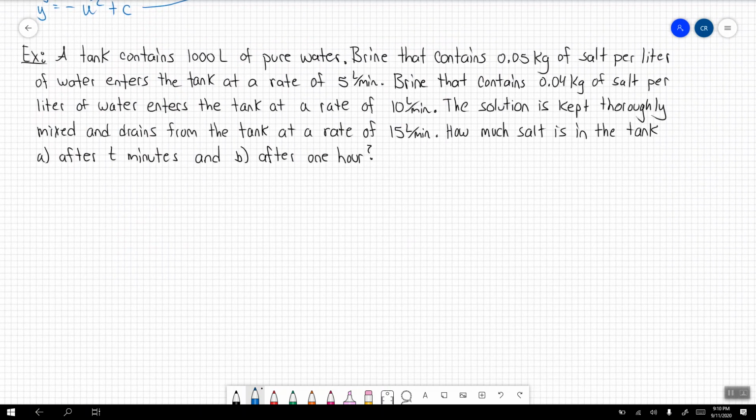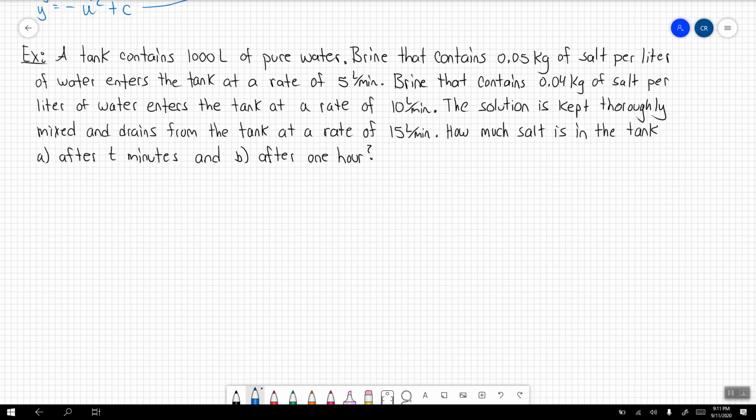This question says that a tank contains 1,000 liters of pure water. Then brine that contains 0.05 kilograms of salt per liter of water enters the tank at a rate of 5 liters per minute.